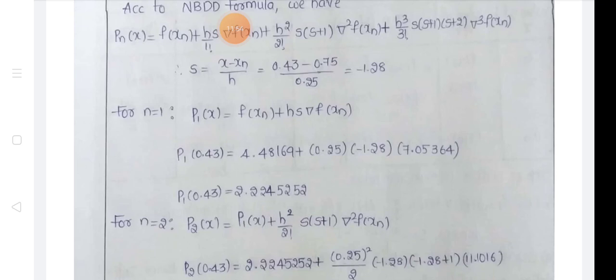First, for n equals 1, p1 of x equals f of xn plus hs del f of xn. Put x equals 0.43.